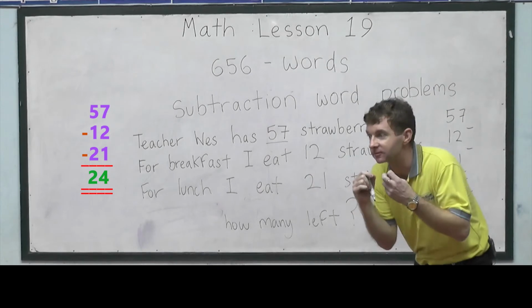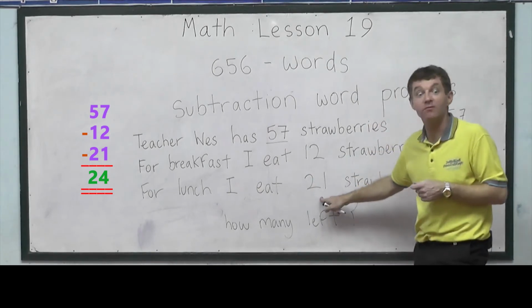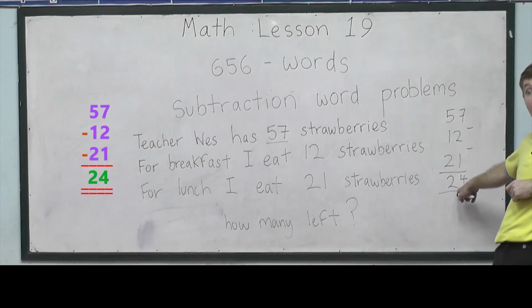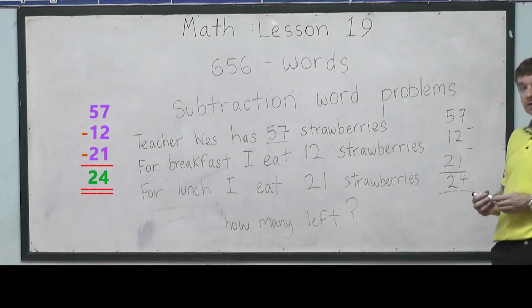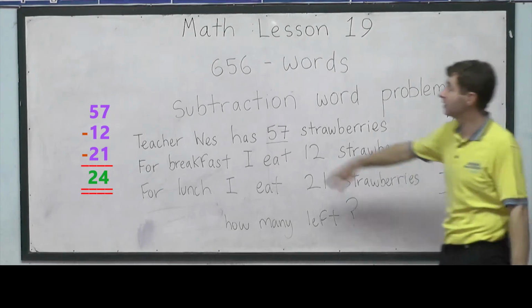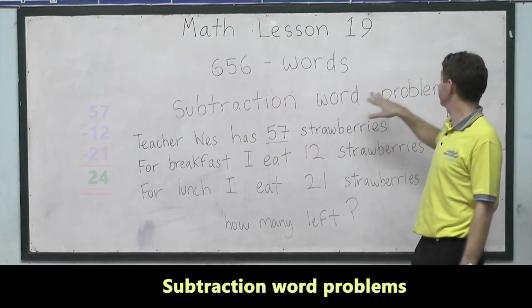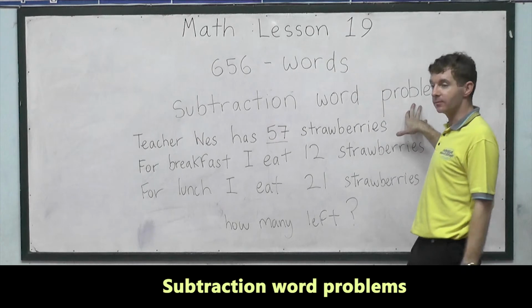And then I eat 21 for lunch. So now I have 24 strawberries. And maybe I'll eat some more later. This is what we call subtraction word problems. Okay guys, well done.